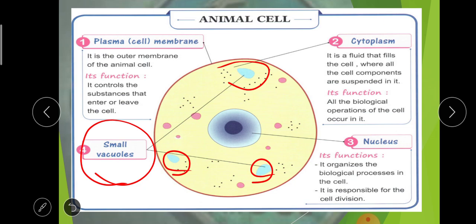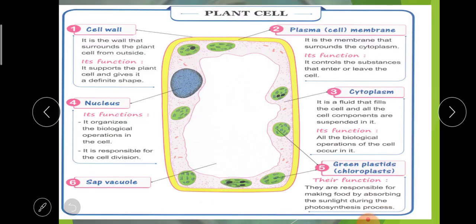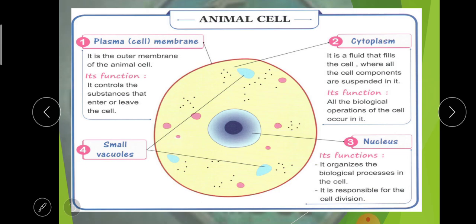Let's repeat the components of the animal cell again. The animal cell consists of the plasma membrane, which surrounds the animal cell from outside and controls the substances that enter or leave the cell. The second component is the cytoplasm, a fluid or liquid that fills the cell, where the cell components are suspended or float in it, and all the biological operations occur in it.